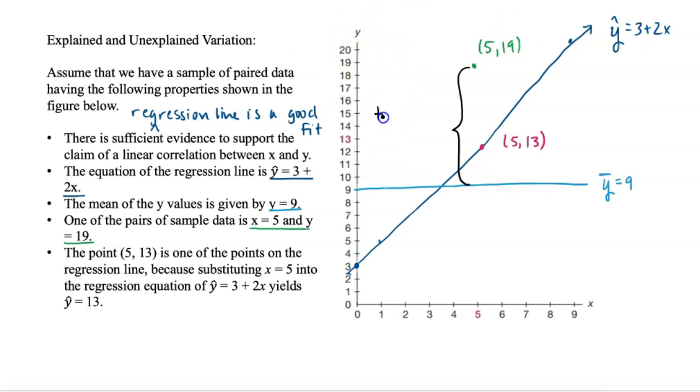So the total variation is y minus y bar. And what's that for this situation? The total variation is just 19 minus 9, so that's going to be 10.